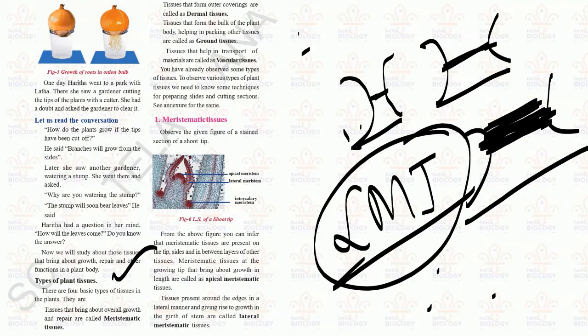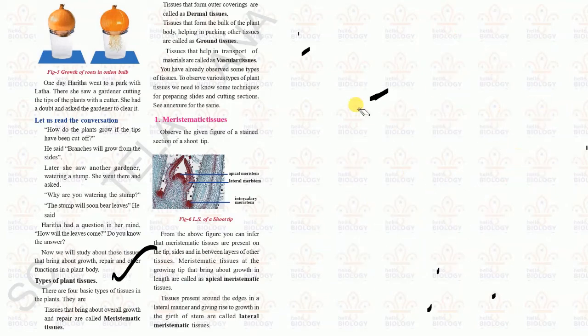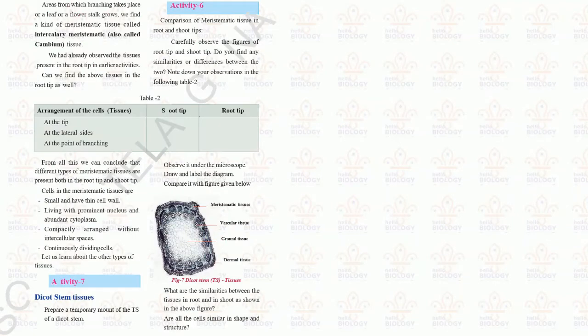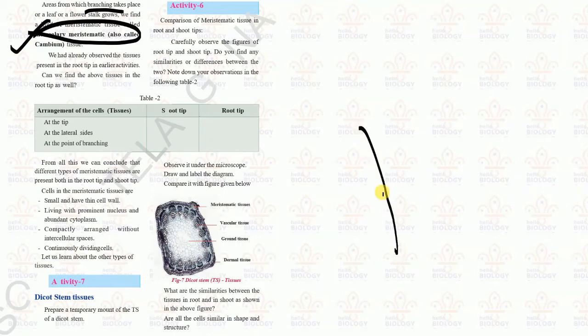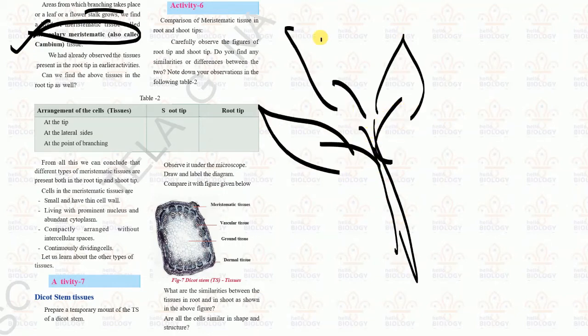This is most important. And when the branches have been cut down, what will happen? New branches will arise from the intercalary meristematic tissue. Wherever branching takes place, that is intercalary meristematic tissue. For example, a plant has leaves grown like this, and then one more branch comes that will give you the flower.